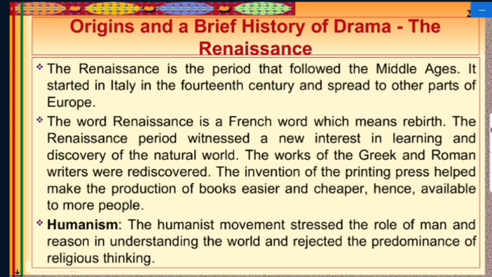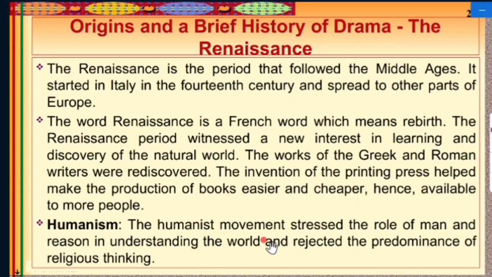The Renaissance period witnessed a new interest in learning and discovery of the natural world. The works of Greek and Roman writers were rediscovered. The invention of the printing press helped make the production of books easier and cheaper, hence available to more people.